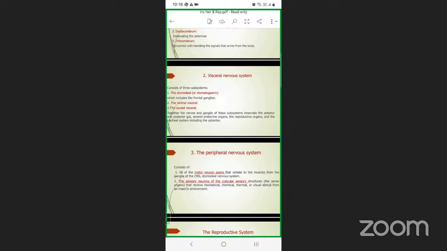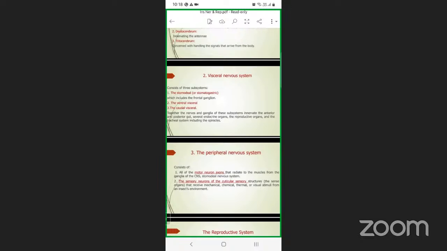And it consists of the motor neuron axons that radiate to the muscles from the ganglion of the CNS stomodial nervous system.